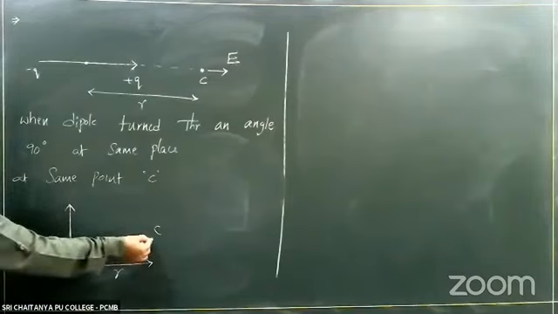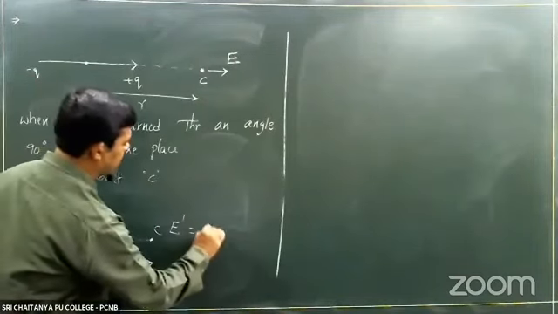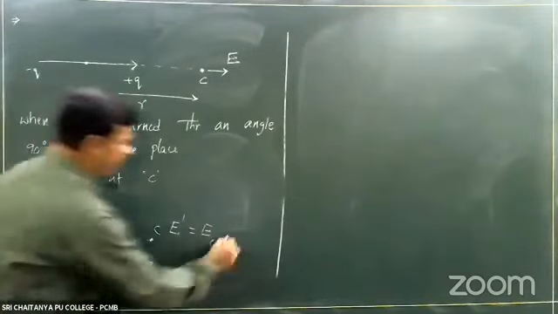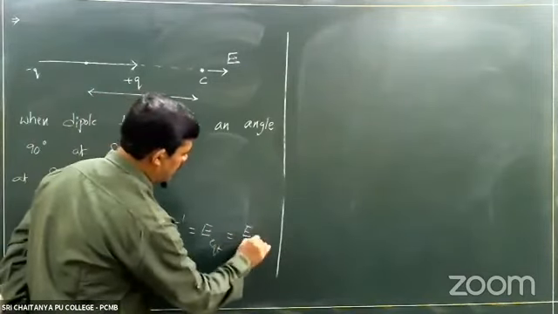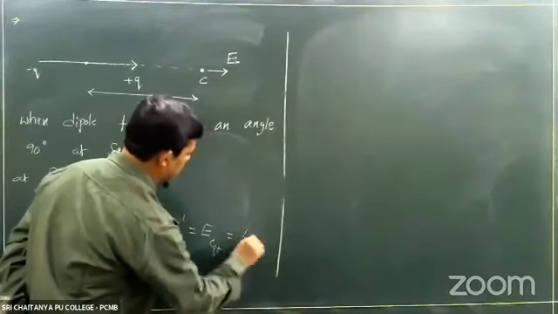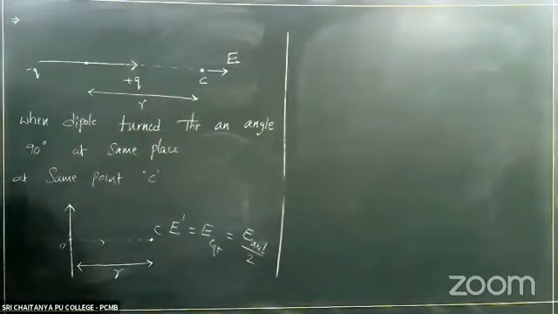Then what happens to the field here? E dash becomes E equatorial. We know the formulas for E equatorial and E axial.